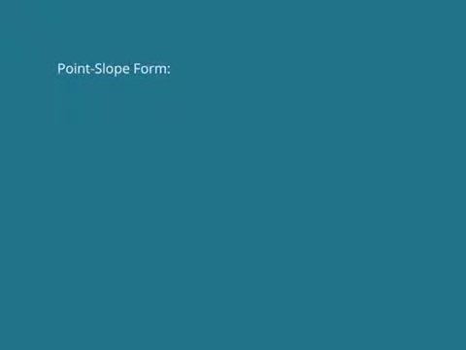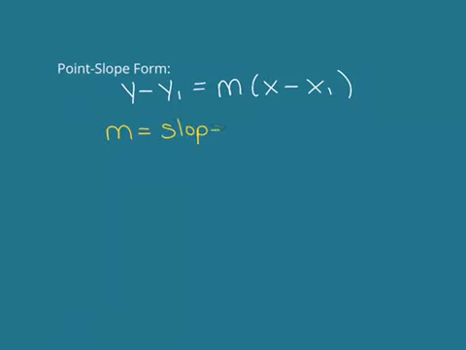The last form we're going to talk about is point-slope form. So this is actually very useful when we're going to be writing equations later on in this section. So what this looks like is y minus y1 is equal to m times x minus x1. So m, just like in slope-intercept form, is the slope of the line.